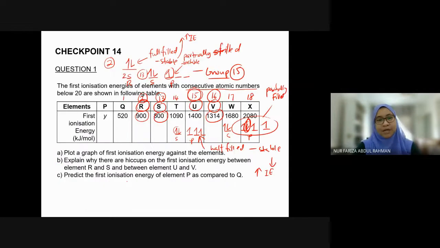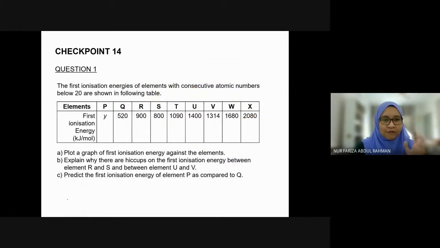Okay, remember the word consecutive atomic number. Okay, so P, Q, R, S, T, U, N. So obviously P, kita boleh predict that P comes before the Q. Okay, tu satu dulu yang you kena tahu. And then kita clear dulu everything off from the slide. So P comes before the Q. And then kita nak tahu whether P ni they come from the same period ataupun they come from different period.